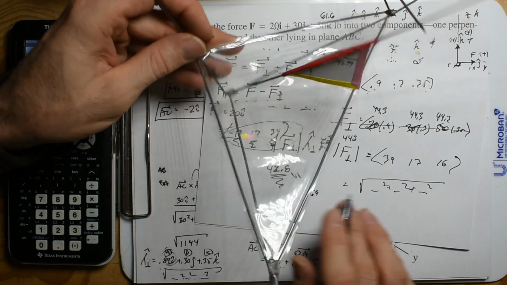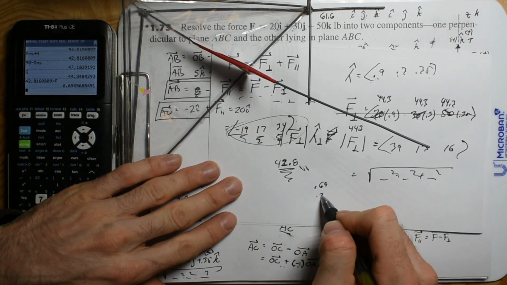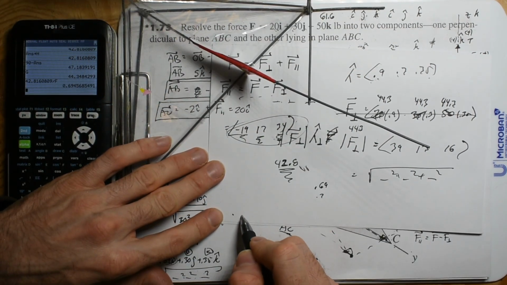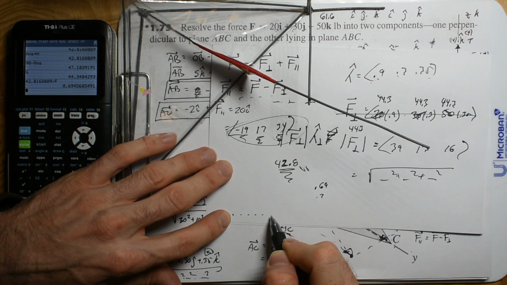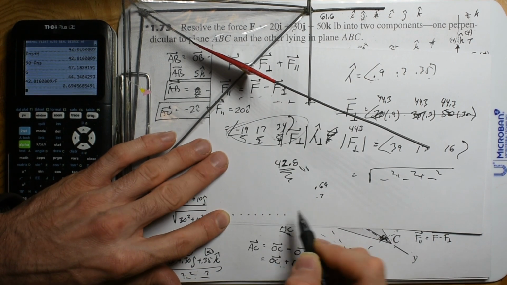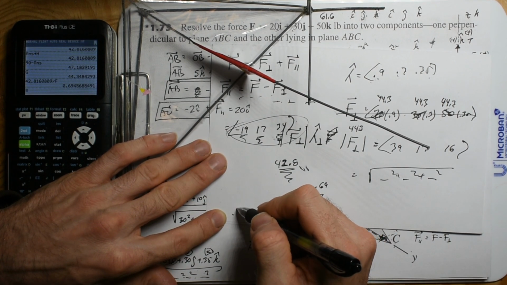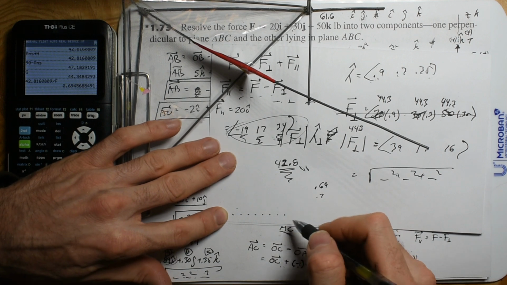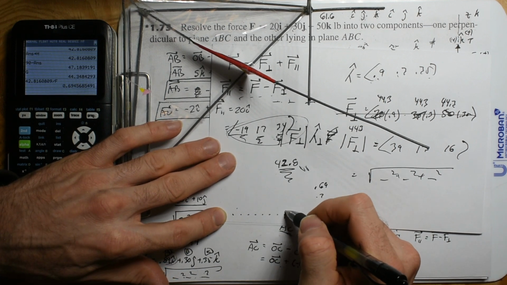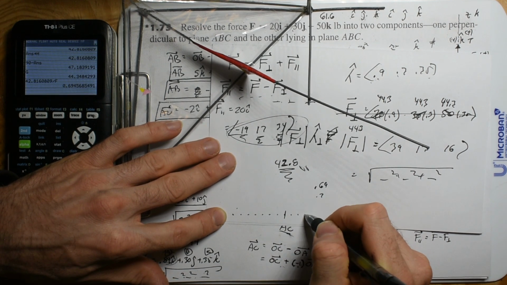Another way to do this is to say, hey, this is close to 7, so why not do 1, 2, 3, 4, 5, 6, 7, and then do a magnitude of 1, and then do 1, 2, 3.